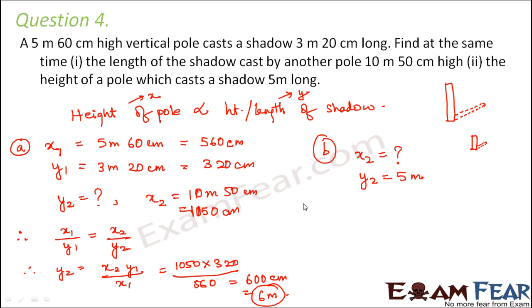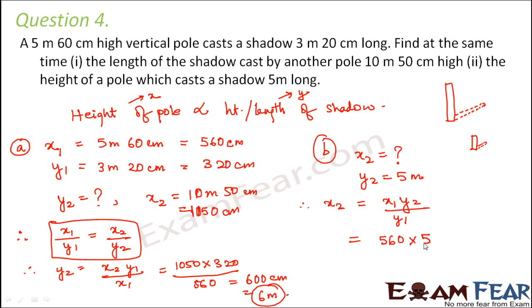Following the same relation, we can write x2 is equal to x1 y2 divided by y1, which is equal to 560 into 5 meters, which is 500 centimeters, divided by y1, which is 320. When you calculate this, you get 875 centimeters, which is equal to 8.75 meters.